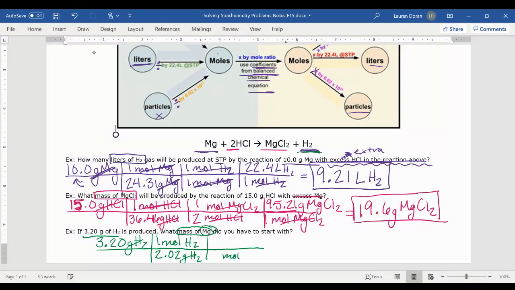Moles of H2 goes on the bottom. Moles of Mg goes on the top. And I pull their coefficients from the equation. The invisible coefficient on magnesium is a 1. The invisible coefficient on the H2 is also a 1. So again, these are a 1-to-1 ratio.